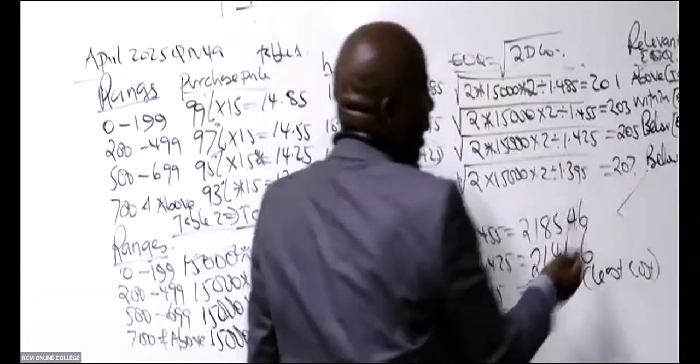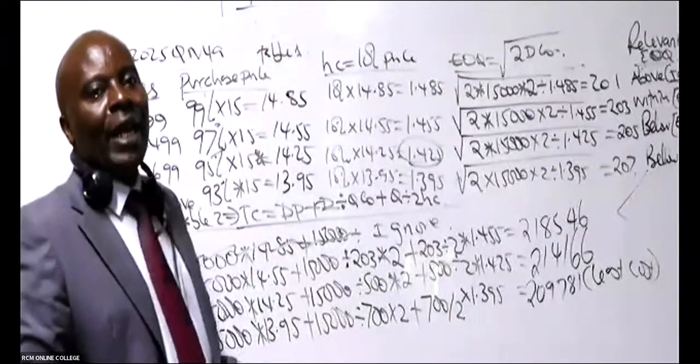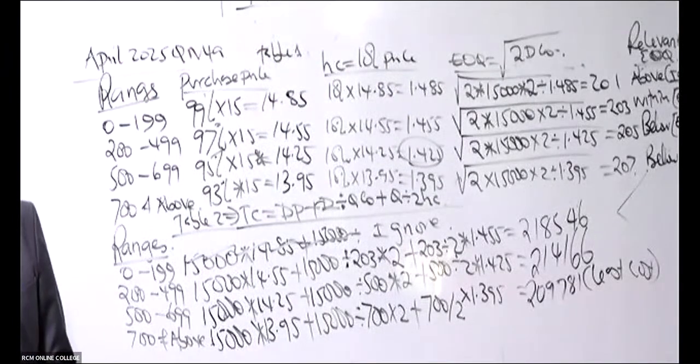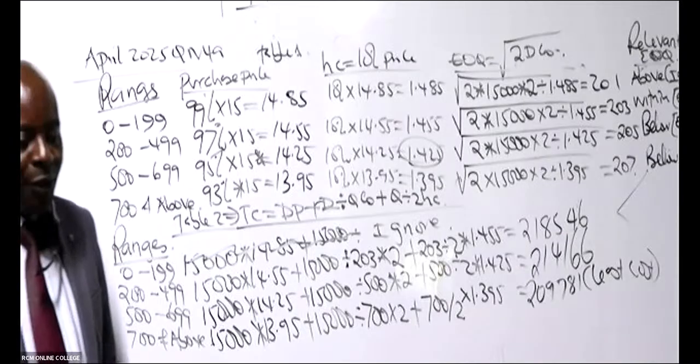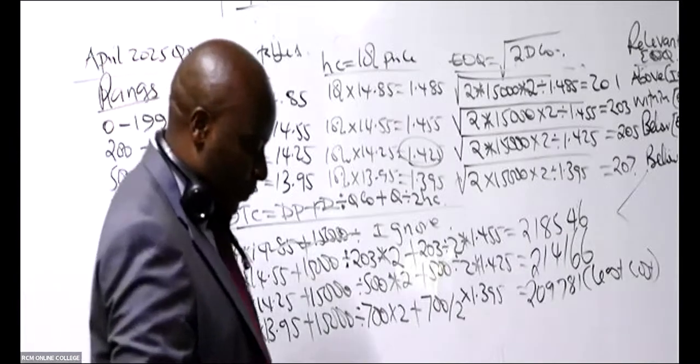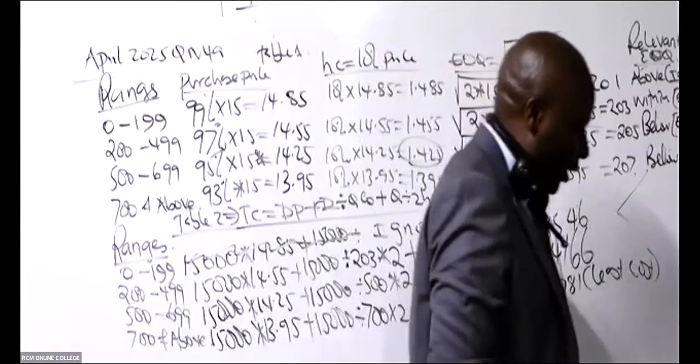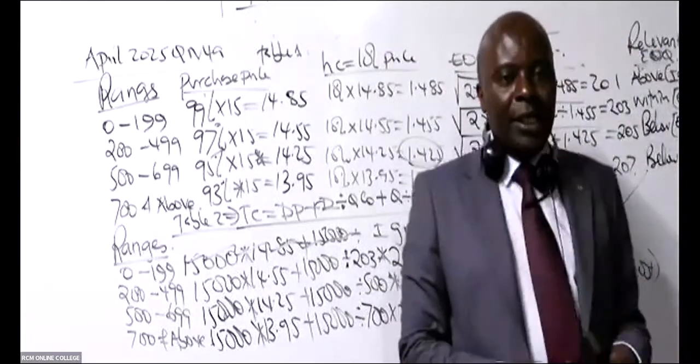The fourth quantity, the fourth EOQ, 700. The company should procure 700 units at a time. So is that okay? The company should procure 700 units at a time.